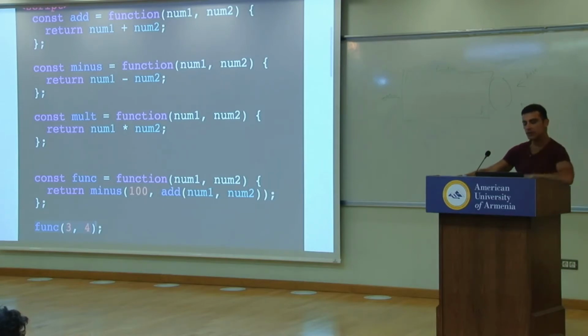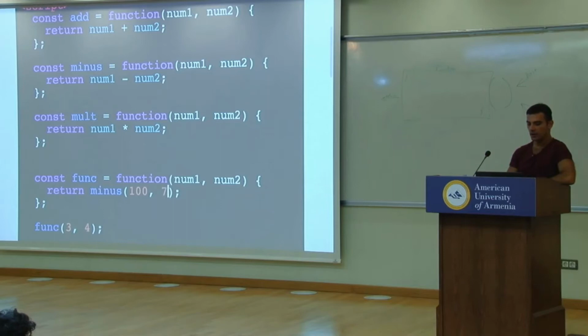Okay, so let's break it up. So this func, when you call it, you go here, num1 this becomes 3, this becomes 4, right? From here, you then call add with a num1, which is a 3, and num2, which is a 4. What is the result of calling add with a 3 and a 4? 7.